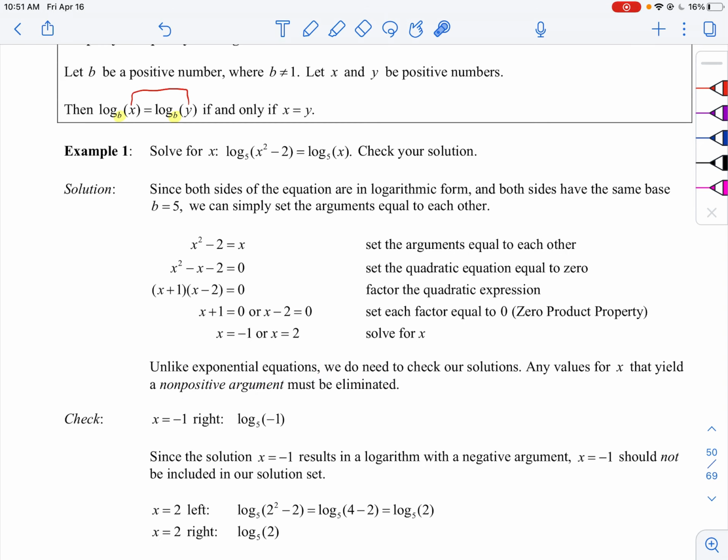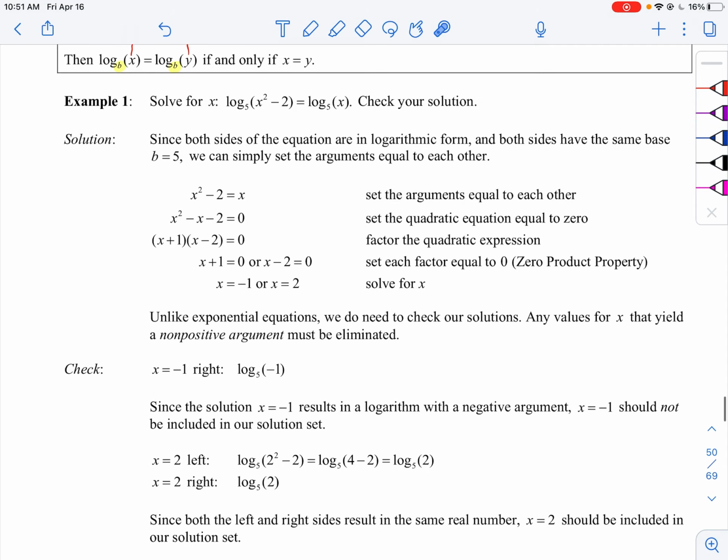So whenever we have a number inside the parentheses, say log of whatever base of -2, this has to be eliminated because this is what we call a non-positive argument. If we put that in the calculator, it will be an error. It will be undefined.